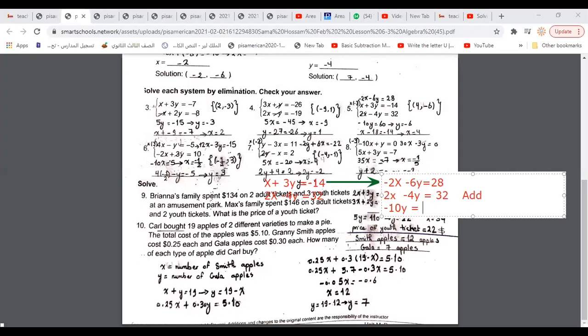28 plus 32 will be equal to? Salma, good morning. 28 plus 32 equal 60. Then we will divide both sides by how many?